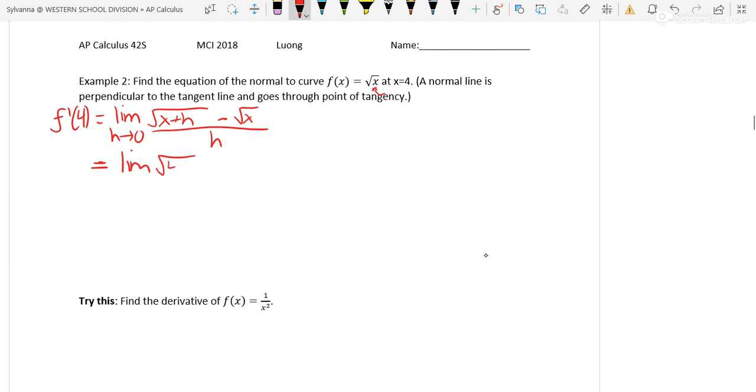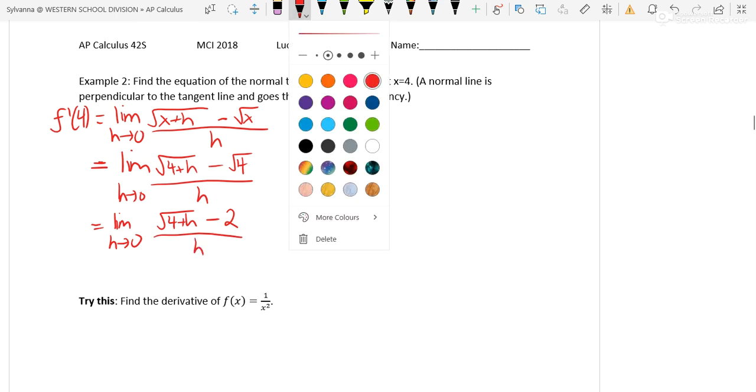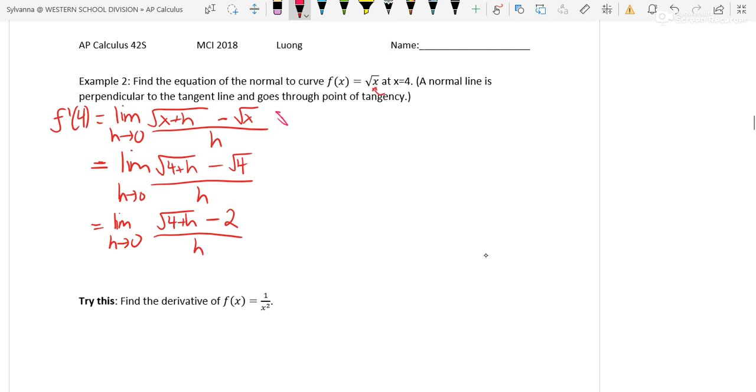So we have root of 4 plus h minus root of 4, all over h, as h goes to 0. Okay, so if I simplify this a little bit, I would get root of 4 plus h minus root of 4, which is 2, all over h. And now it's easier for me to multiply by my conjugate. You could have done it up here as well, but then you'd have to do that extra step for b.